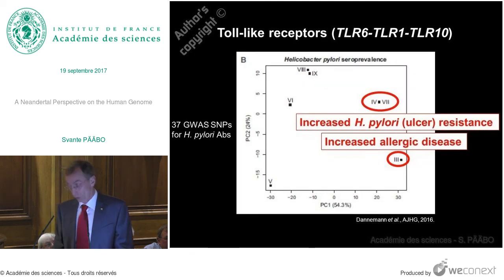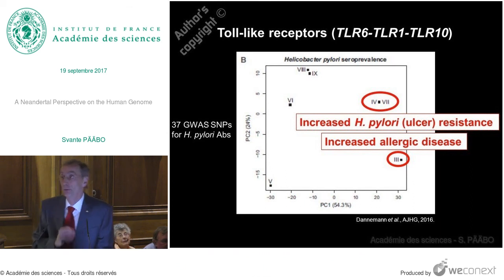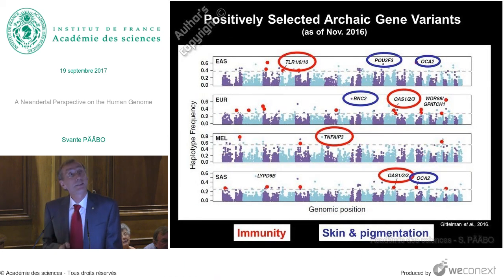And you can show that carrying these archaic variants is associated with increased resistance to Helicobacter pylori infection, so the type of bacteria that give you ulcers, and also an increased tendency for allergic problems. So you may perhaps blame the Neanderthals if you have allergic problems, but thank them if you don't have an ulcer.